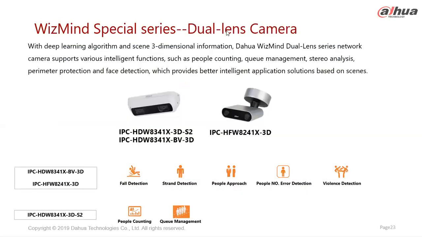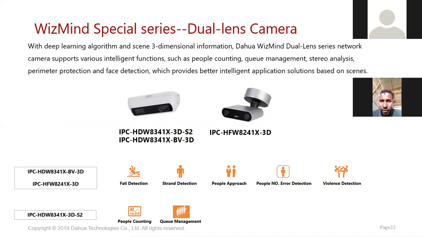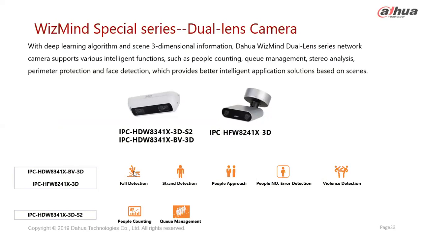The dual lens camera. Because it's a special camera, we have features like fall detection. This is for sensitive areas like construction areas. You can install such cameras for the sites, so it can detect an object falling or someone falling.